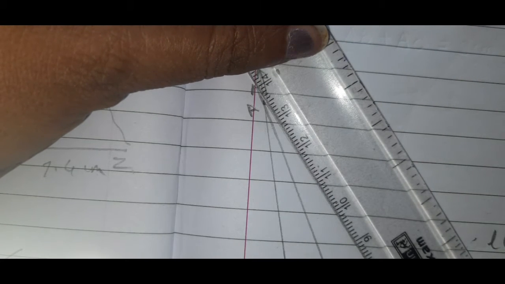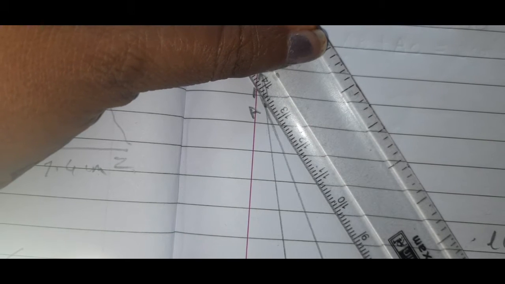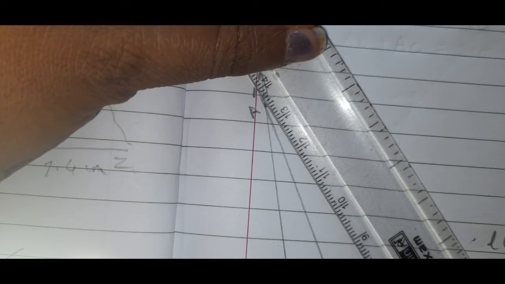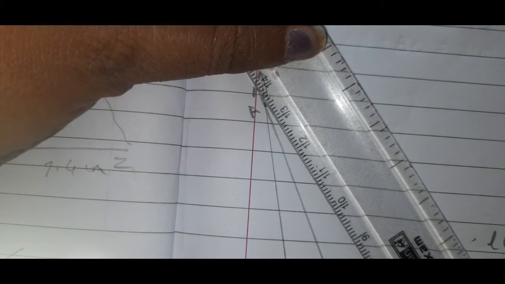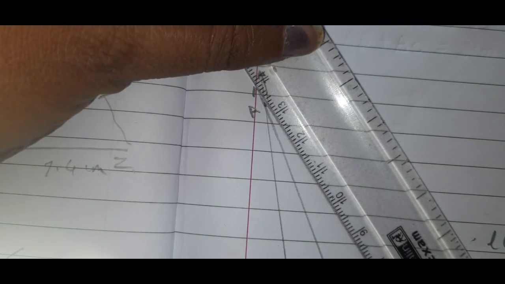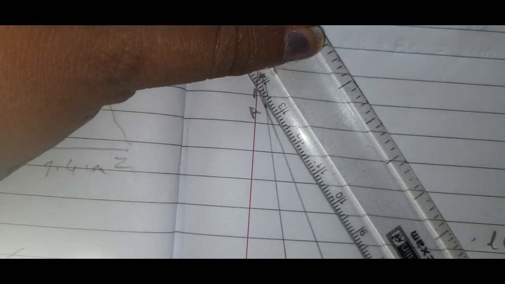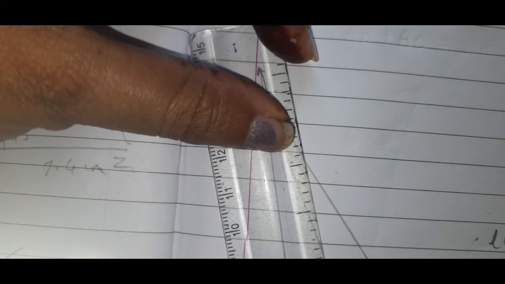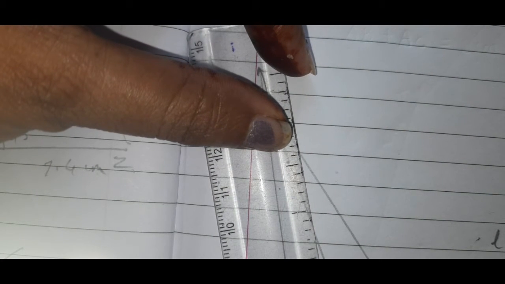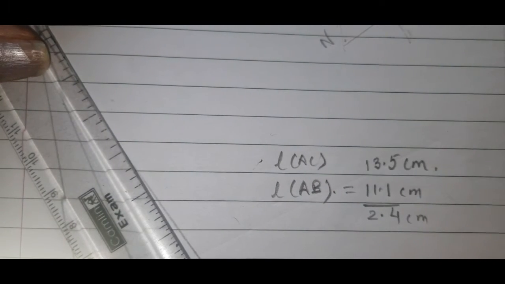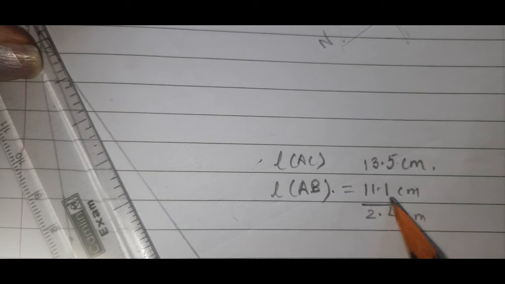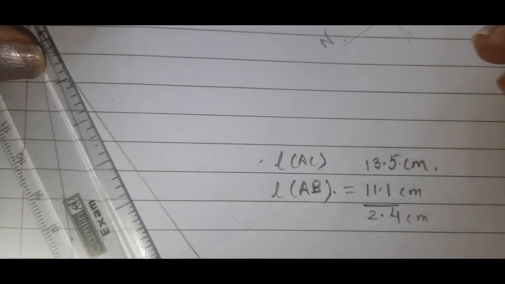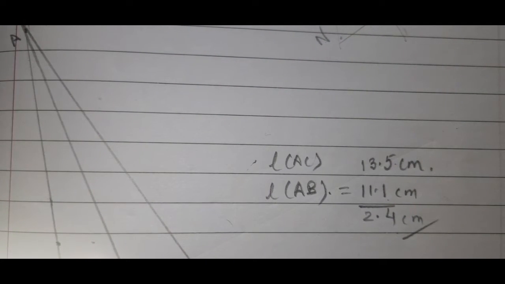AC is 13.5 centimeter. Now when I subtract this, what do I get? 13.5 minus 11.1 is 2.4 centimeter, which means our construction is correct. I hope it is clear.